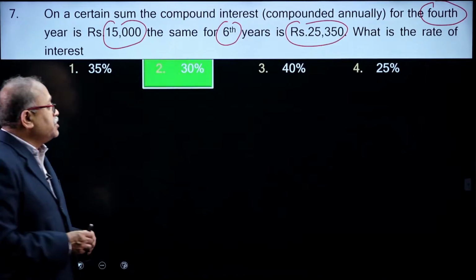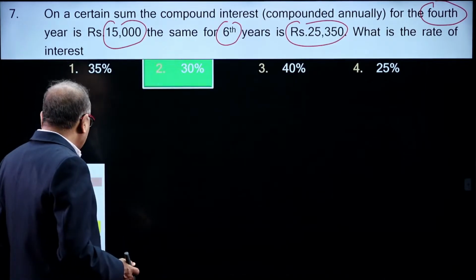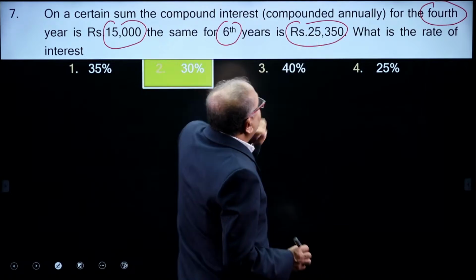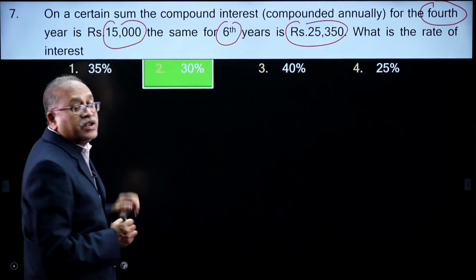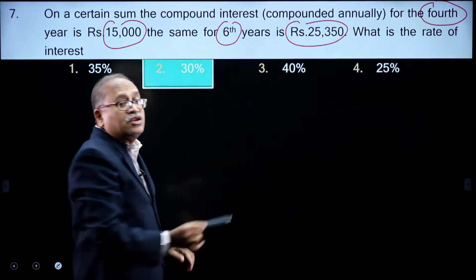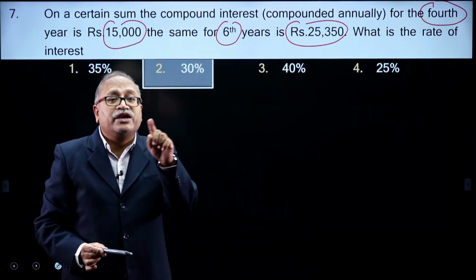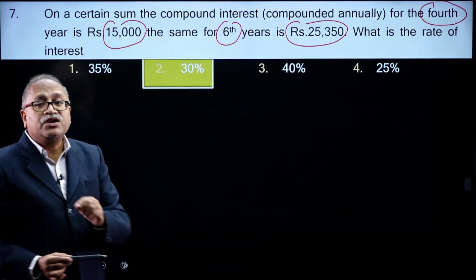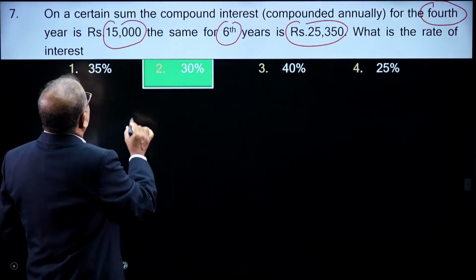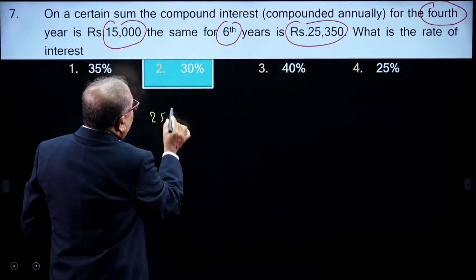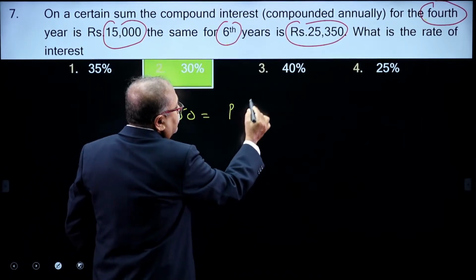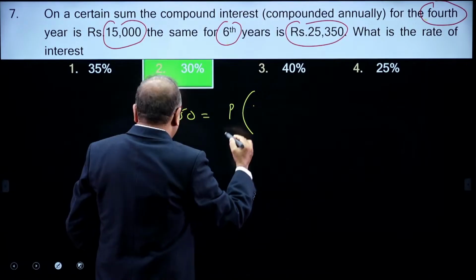I do not know how you did this, but what I will consider is this is the amount, and this is the principal, and the time period, this is the 4th year, this is the 6th year. So, the time period n is equal to 2, and I need to find out the rate of interest. So, I will write it this way: 25,350, A is equal to P into 1 plus R by 100.